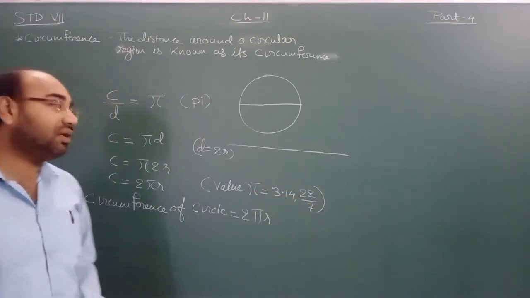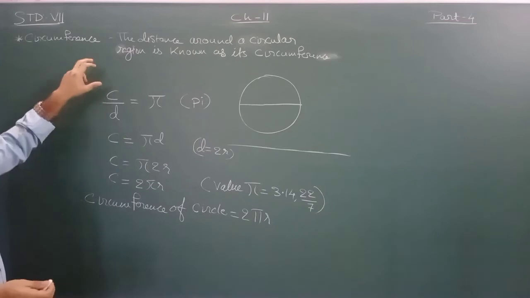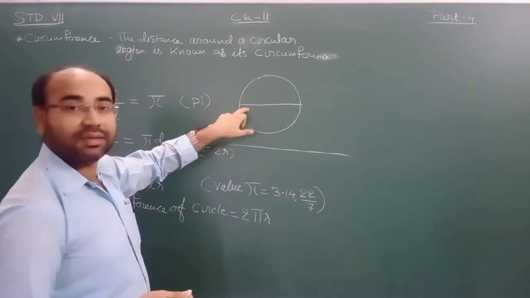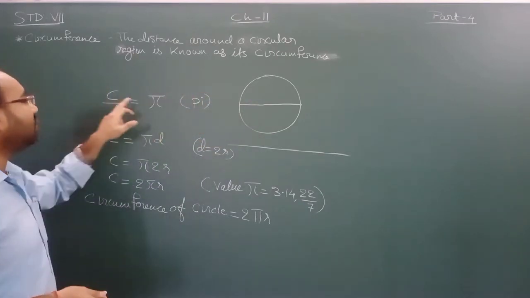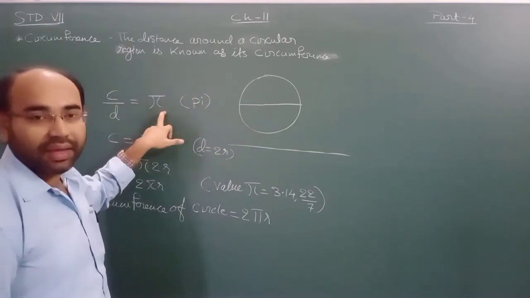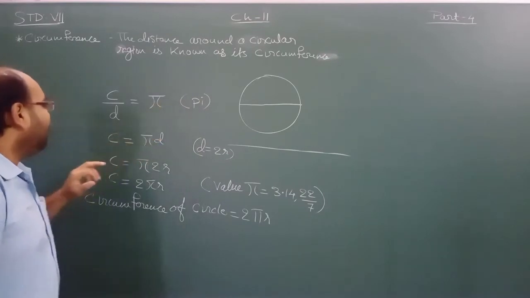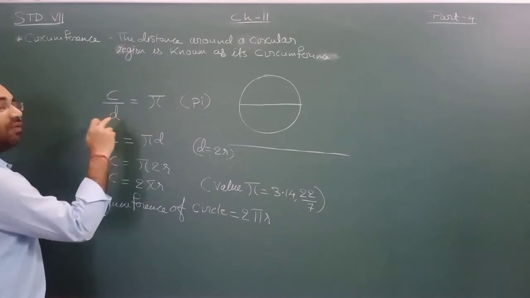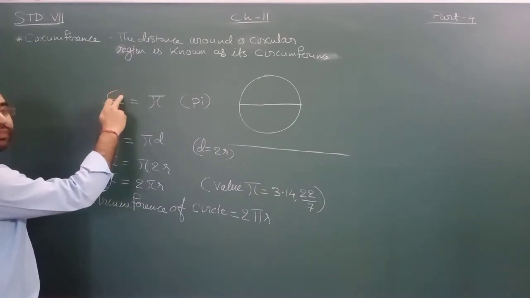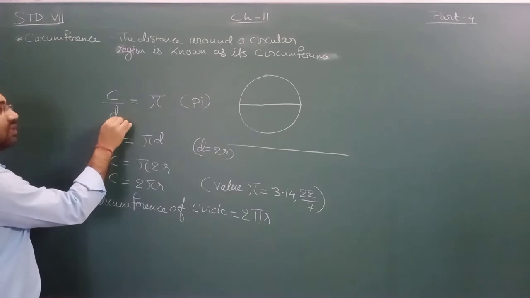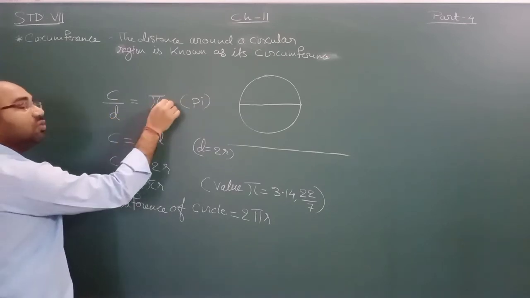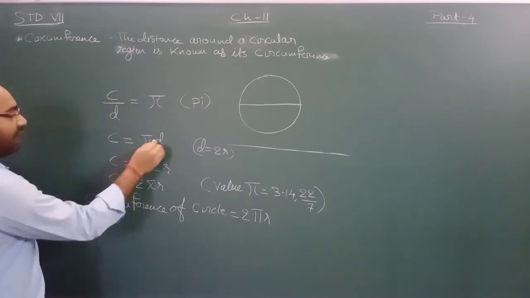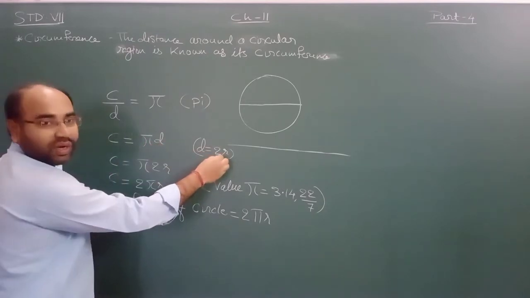The value of pi, as I already told, is 3.14 or 22/7. So what I explained: when we divide the circumference of any circle by the diameter, the ratio that comes is this pi. Now if we want to find the circumference, this diameter will go from division to multiplication, so it will become pi into d, and d means 2 times r.